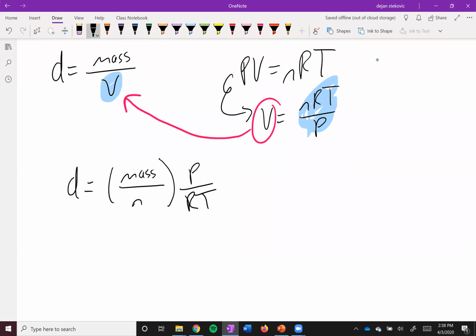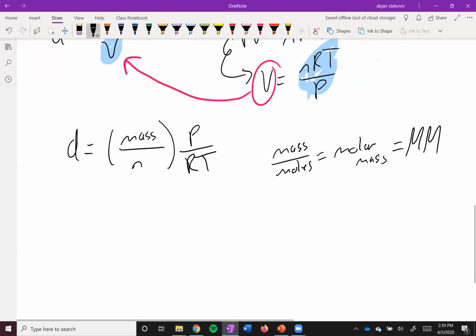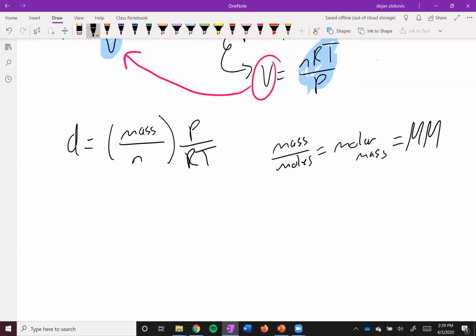And if we think about what's mass over moles, that's units of grams per mole, well, that's the molar mass. So I'm going to give the symbol MM, double M, for our molar mass. So we can replace this mass over n with the double M. And so we'll get density is equal to molar mass times pressure over RT.